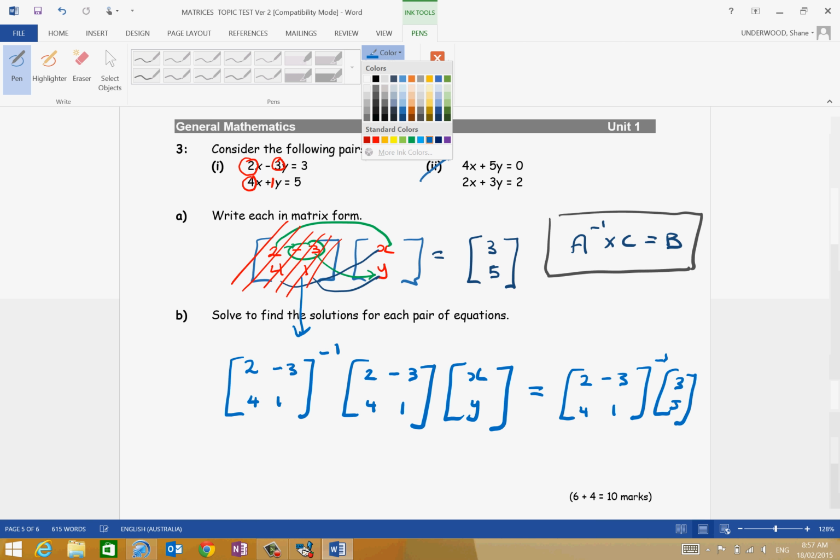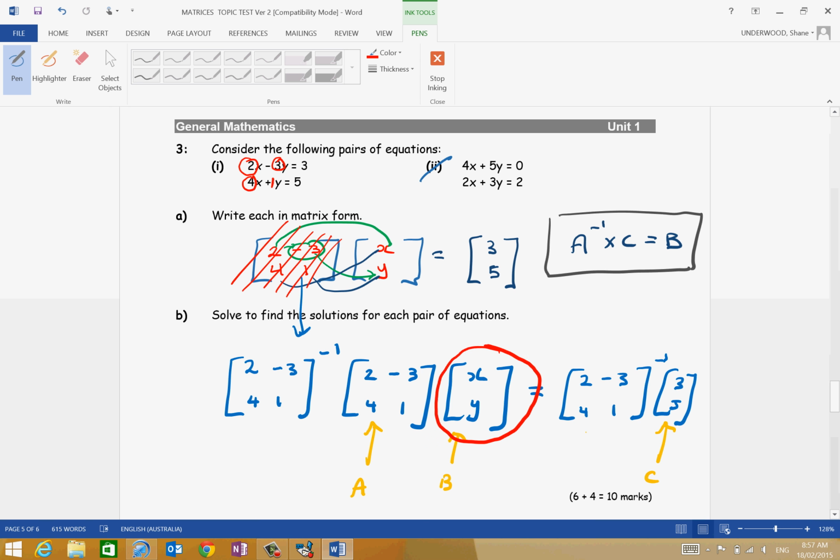Now, if we look back at our rule, this is matrix A, this is matrix B, and this over here was matrix C. So if we want to isolate this xy over here, then that is equal to the inverse of matrix A times matrix C. This inverse is going to cancel out this function here.